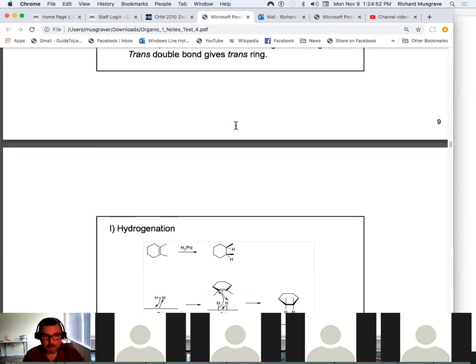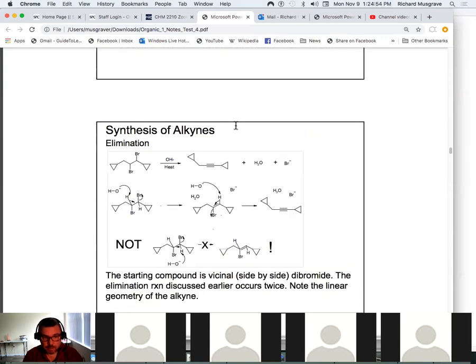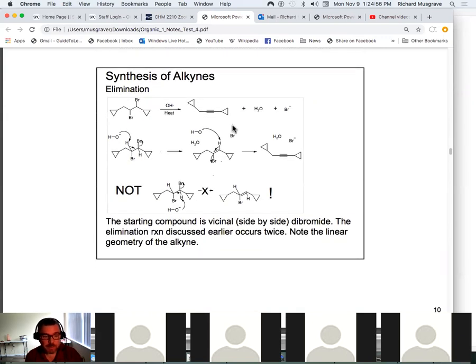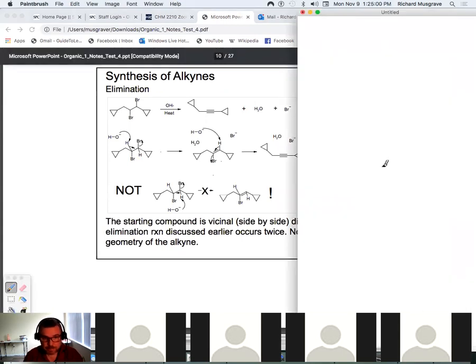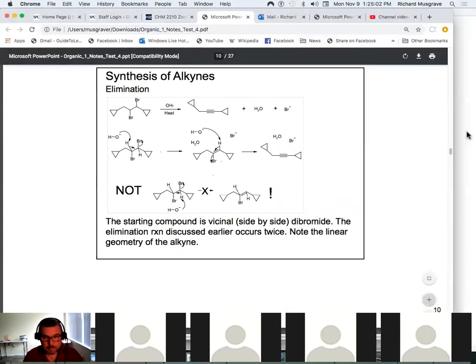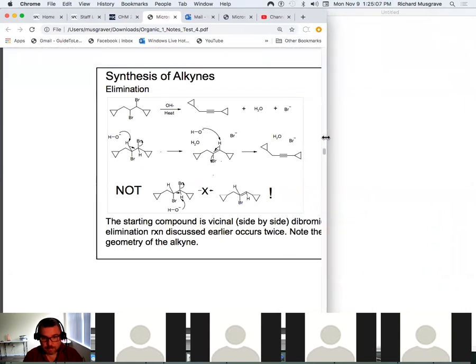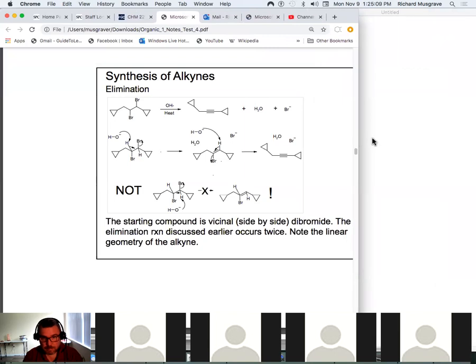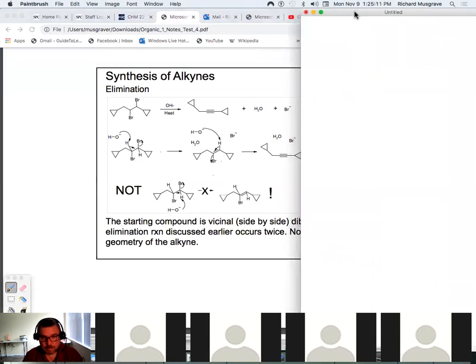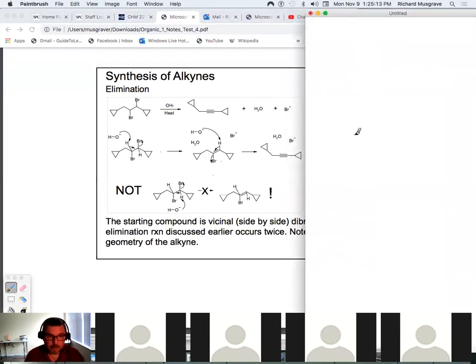So those are all the alkene reactions that we're going to go through. And there are many fewer reactions here on the alkynes. Alkynes are made by what is kind of like a double elimination, really.